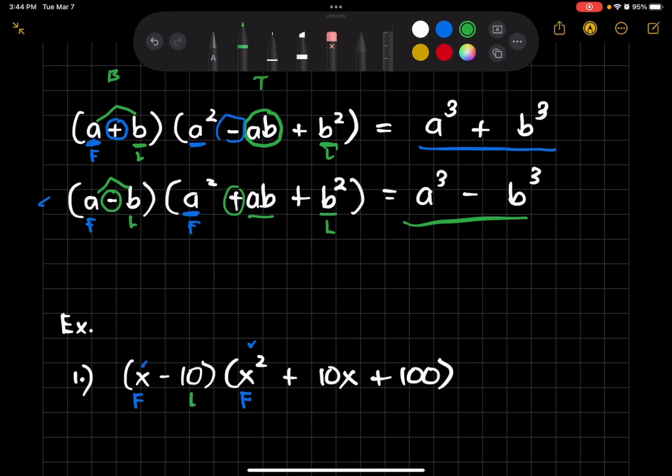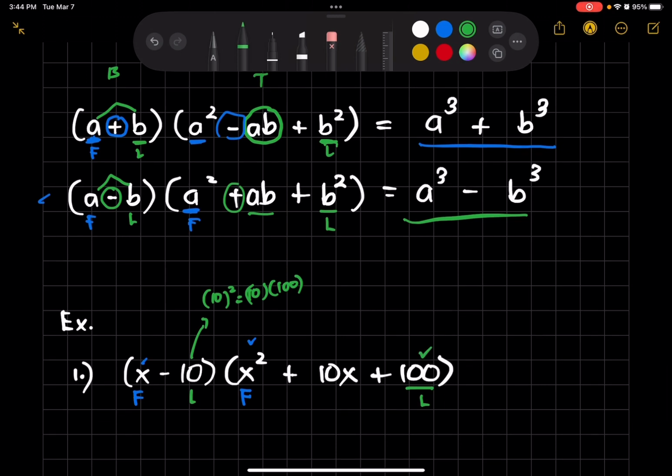So, pag sinabi kong squared, so kung kukunin ko yung squared nito, this is 10 squared. And 10 squared, 10 times 10, that will give us 100. So, check siya doon. Pares siya. That's the 10 squared. So, it's 100. So, na-met na yung 3 conditions.